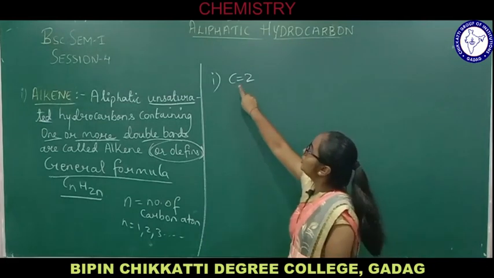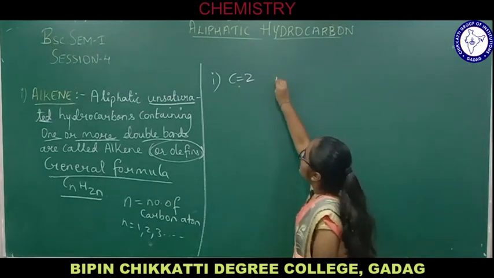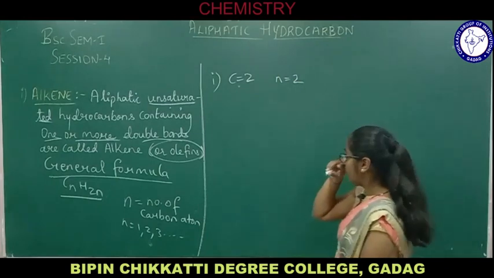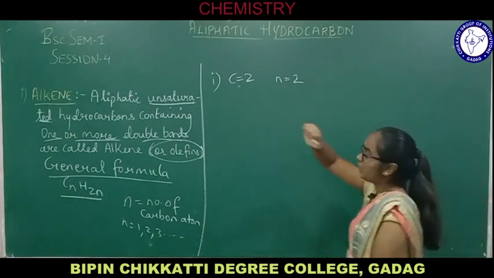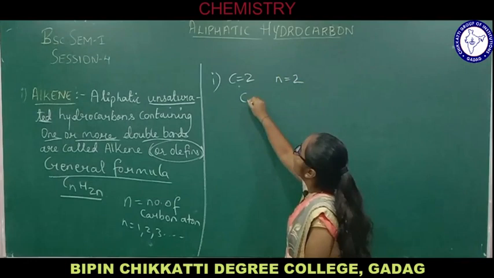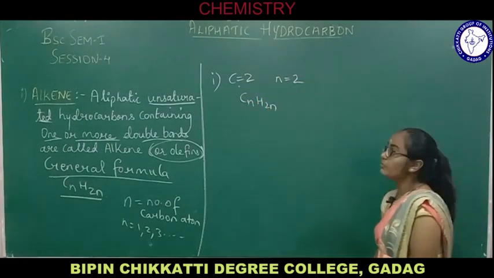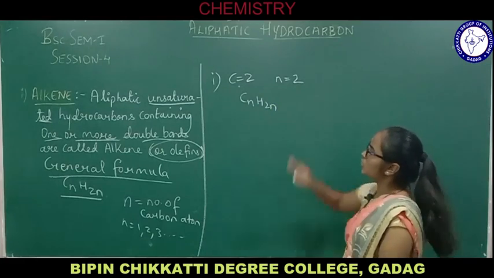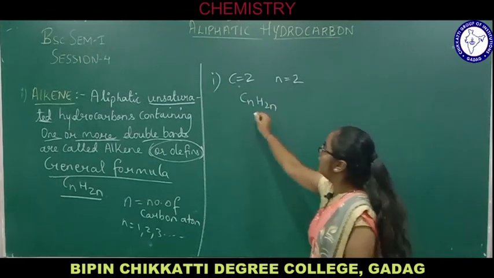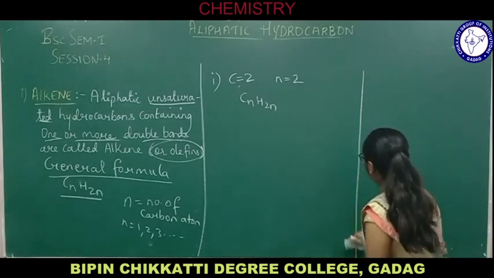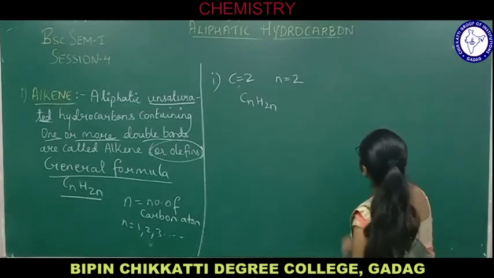If carbon 2 is there, that means n will be 2, right? So let's substitute n with 2 into the general formula CnH2n. Then we are going to get one compound.